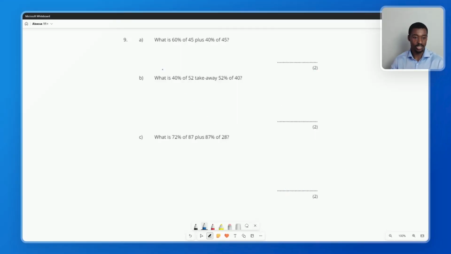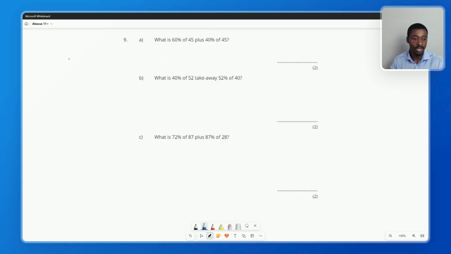Okay, so for this next set of questions, we can see that we have to be comfortable with percentages. For part A, what is 60% of 45 plus 40% of 45? Well, here we just have to zoom out and use our brain and see what's going on.